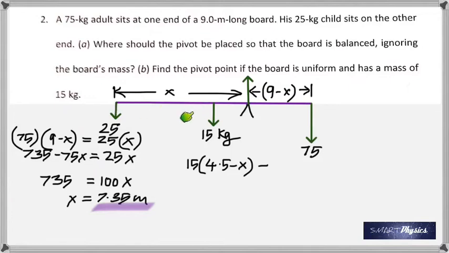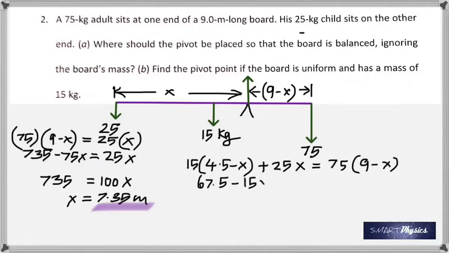I took this as x, and this is 4.5. Right? Okay, 15 times 4.5 minus x plus 25 times x should be equal to 75 times 9 minus x. So you solve that. Again, you find x. That's a little algebra there.